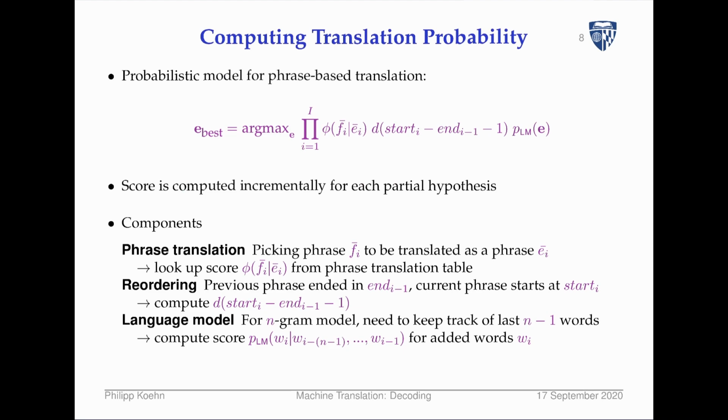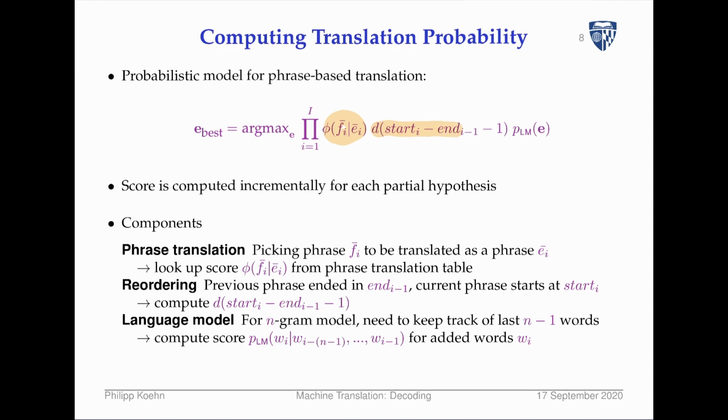So this was our probabilistic model, the basic standard model for translation, and it consisted of phrase translation probabilities. That means at inference time, each time we pick a phrase to be translated and pick a translation for the phrase, we have to look up in a big table what score comes along with that.